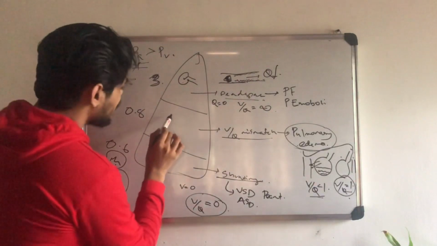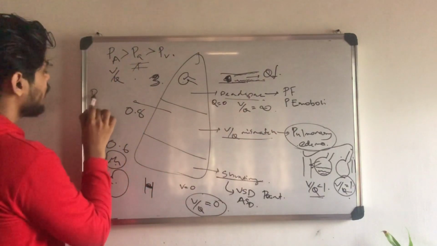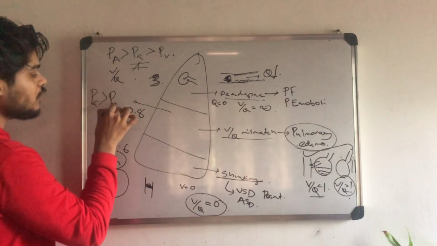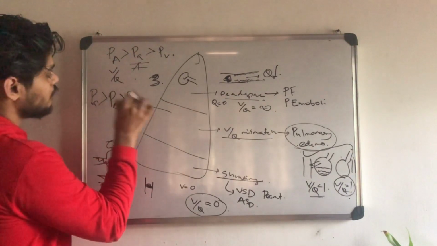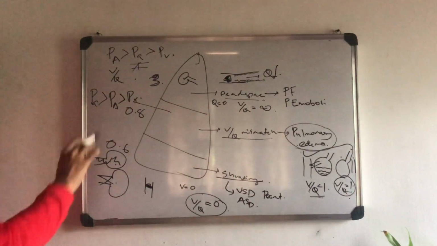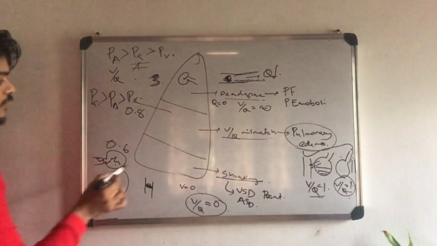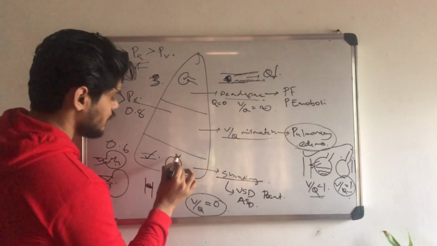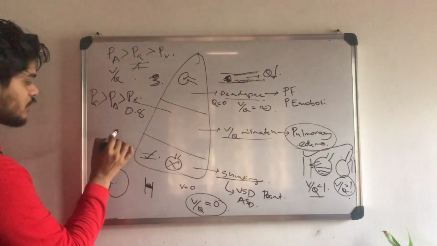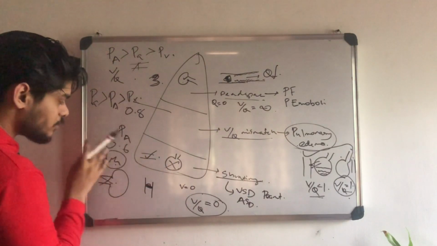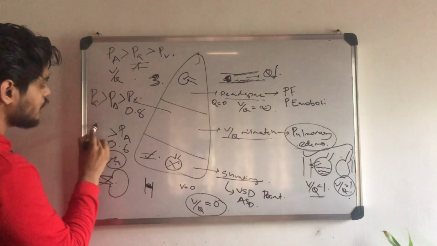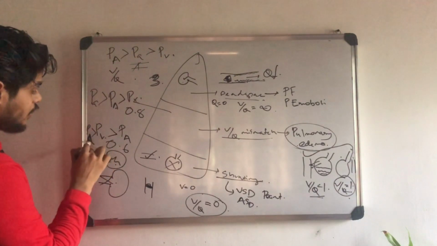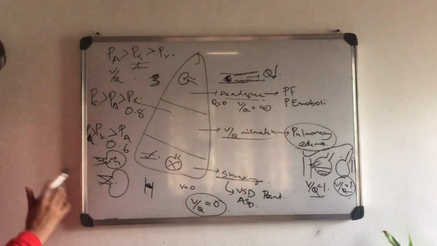And in here, arteriolar partial pressure will be more than alveolar partial pressure, which is more than venous partial pressure. Again, next, this is fine, blood vessel is fine, something is wrong with the alveoli. That means alveolar partial pressure will be very less than venous partial pressure, which is less than arterial partial pressure. Understood?